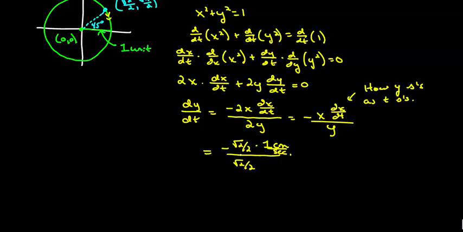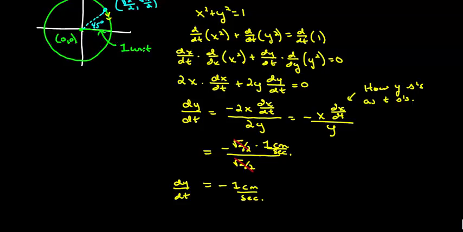We'll assume these are in centimeters, but this is going to cancel out, and these go away. I'm left with negative 1 centimeter per second. That's dy/dt.